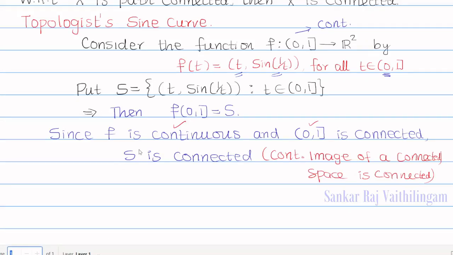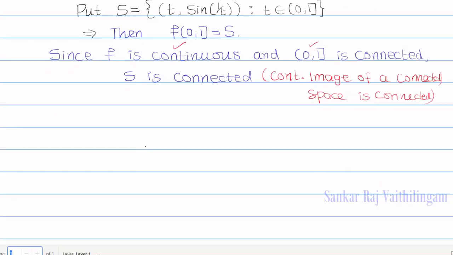And now we are going to use another idea. We know that if A is connected, then the closure of A is connected.